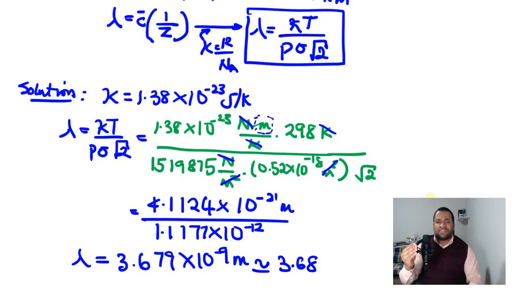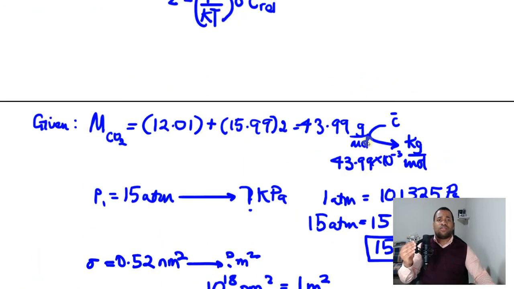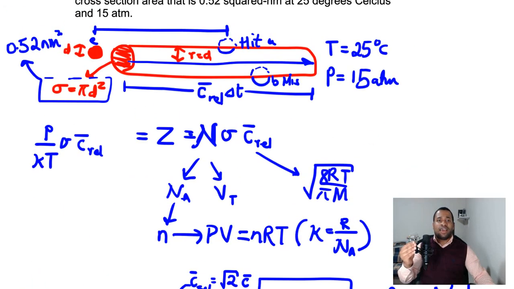So it's really fascinating to see this play out, and this indeed tells us that the distance made by that one moving molecule as it approaches a static molecule will be on average around 3.68 nanometers. So that is about it for this particular video.